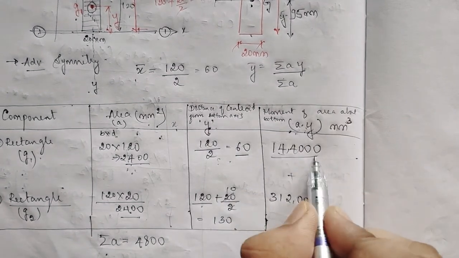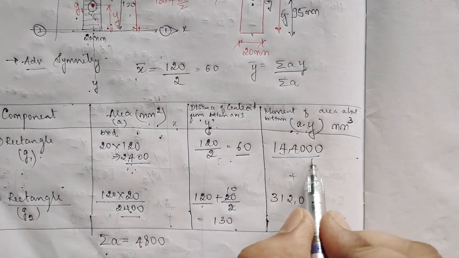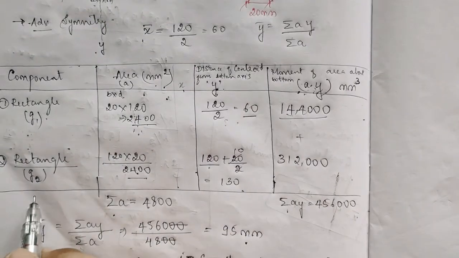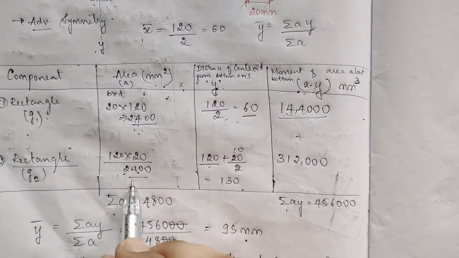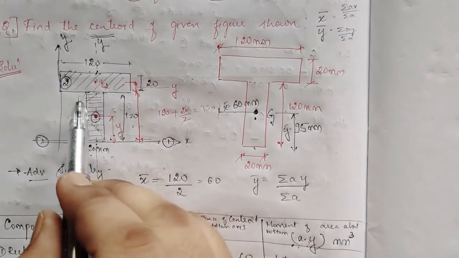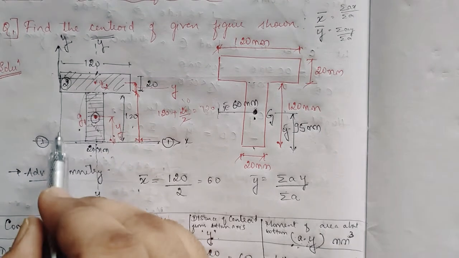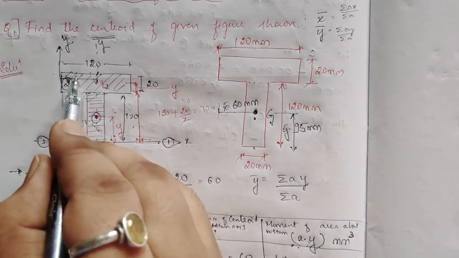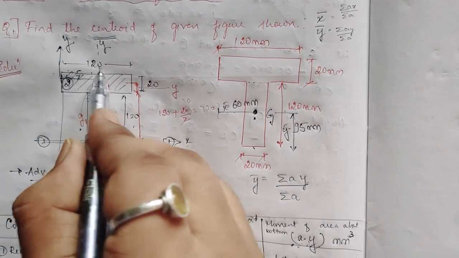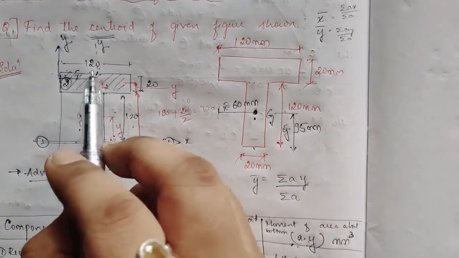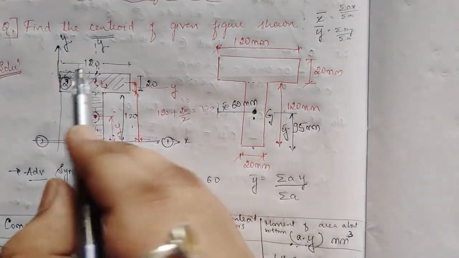We will get the moment of area, that is 1,44,000. Now for rectangle G2, 120 into 20, and the x distance, the x we find from this reference axis we have to take the x. So x distance will be what? So what we want, y distance.